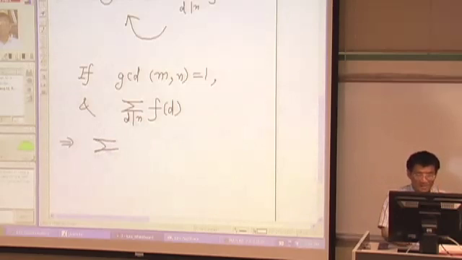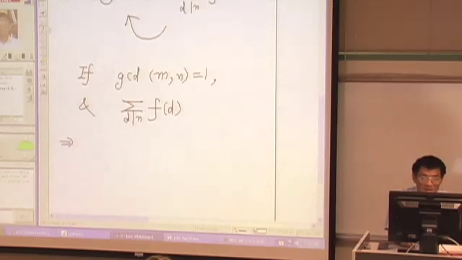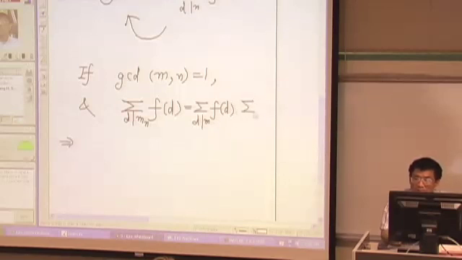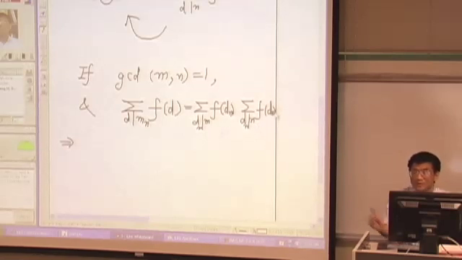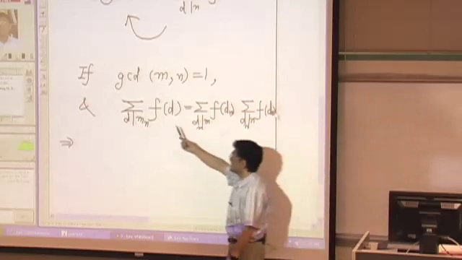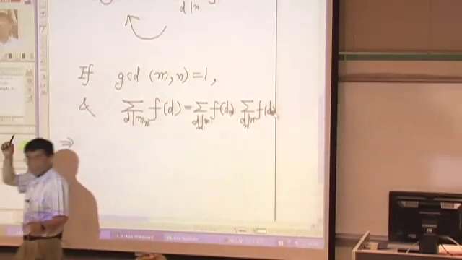Sorry, I will describe this more clearly and then continue. To explain this, m times n, then m, n, right? We wrote it this way, right? But to avoid confusion, I will attach subscript m here and subscript n here. Do you get it? Because if I use the same d, you might be confused, right? So this is the property that the sum is multiplicative.